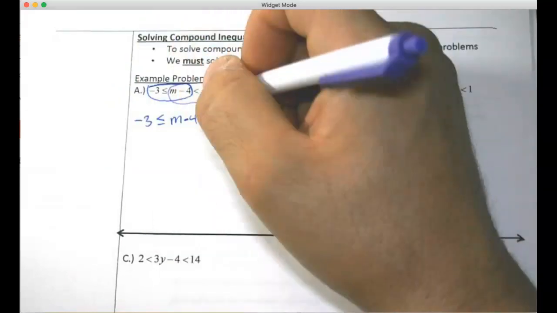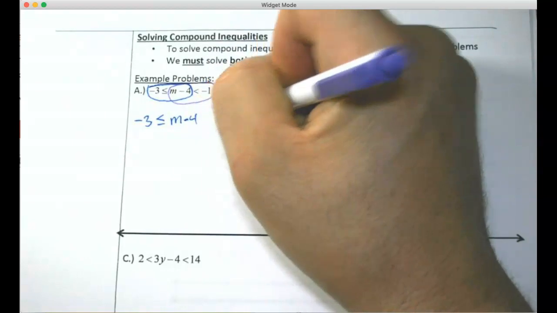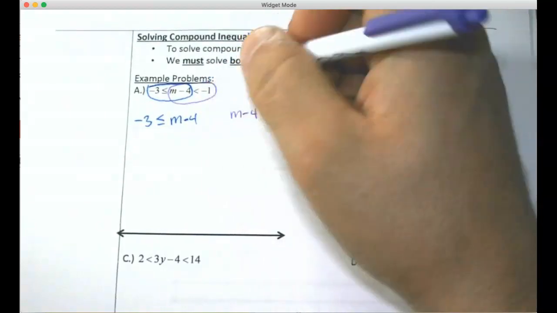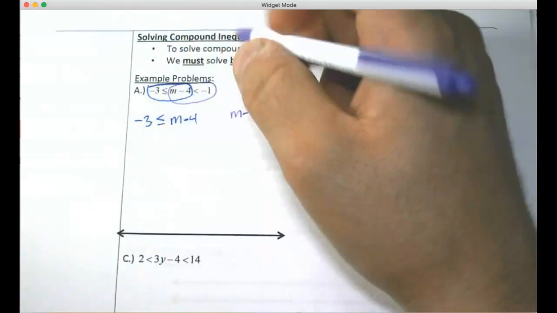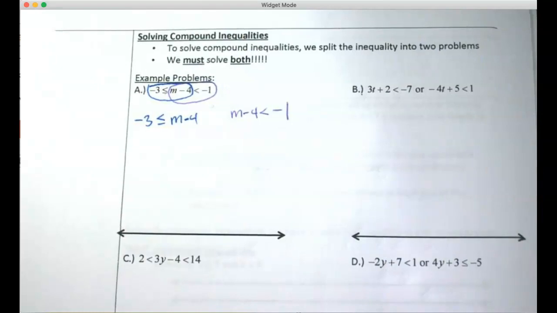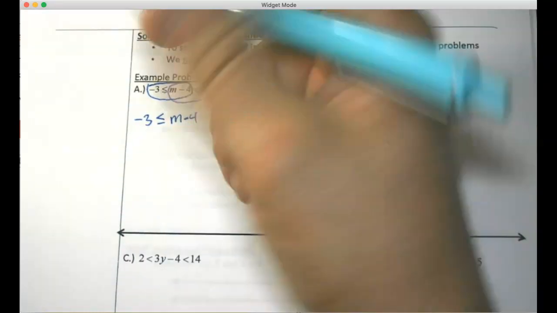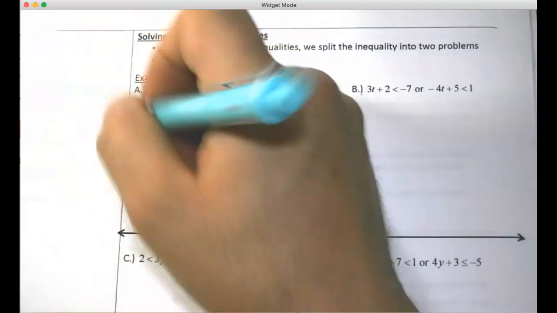That's one inequality. Then take the middle with the right side. And you might say, well, what's the middle? Well, whatever is between the two inequality symbols is the middle. So here's my second inequality. So break it into two separate inequalities is what I say. If you have a different way, then as long as you show work, we're good.